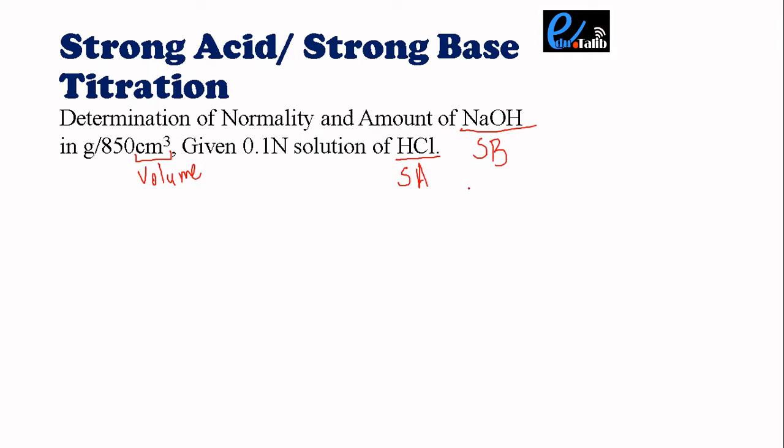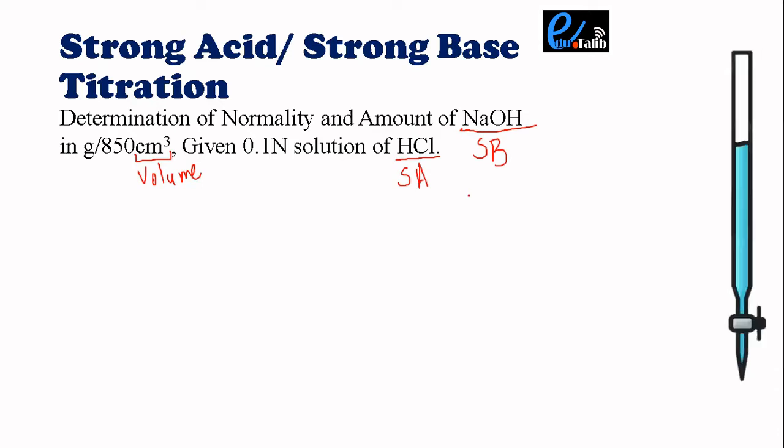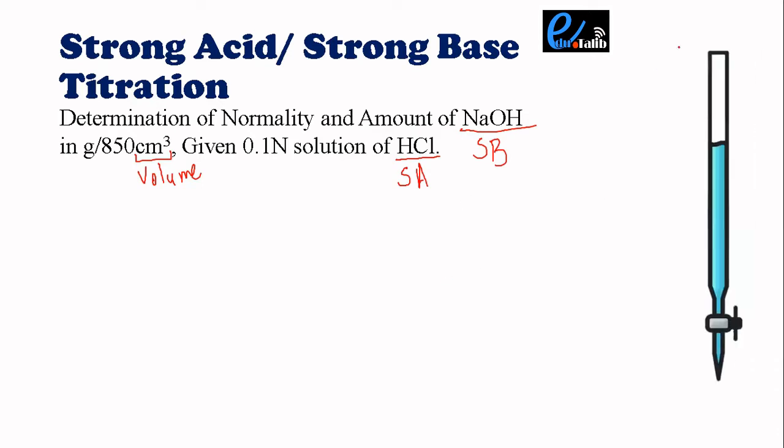Next, what should be placed in the burette? Once again, the NaOH, because the base is strong. So let's start working. First, you have to fill this burette with NaOH.